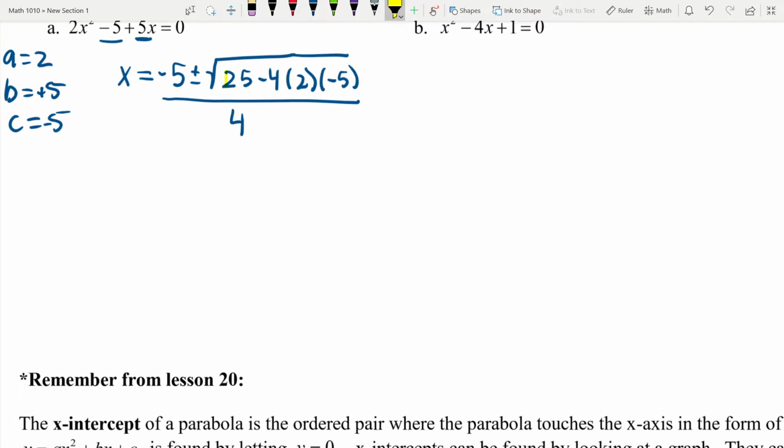See this stuff inside there? We're going to put that in our calculator right now, okay? So everybody go 25 minus 4 parenthesis, 2, close it, new parenthesis, -5, close it, hit enter, and now I want you to write down x equals -5 plus or minus the square root of 65 all over 4.